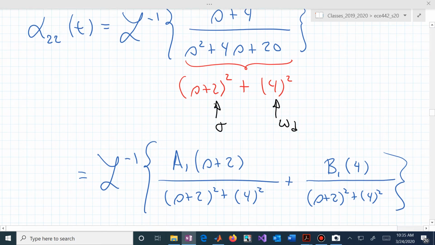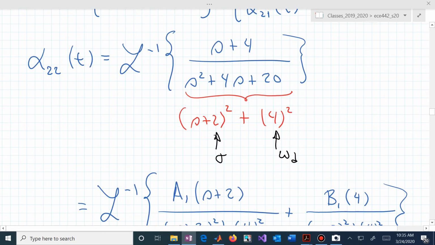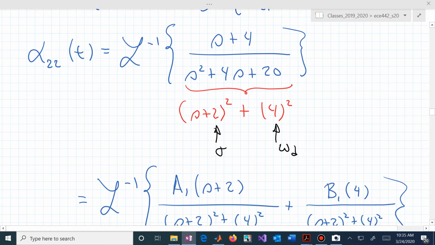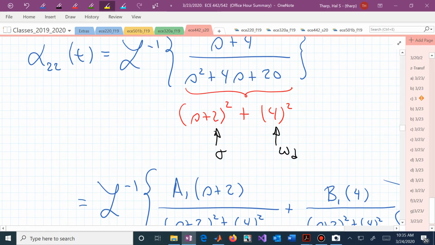Well, we don't see immediately that this expression inside the curly braces looks like an exponentially damped cosine or an exponentially damped sine. It's actually a combination of those, and that's what I'm trying to illustrate here.